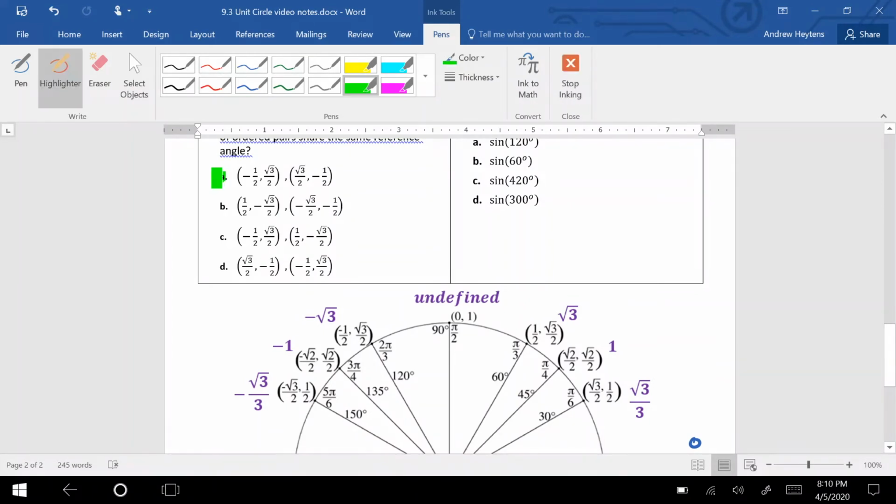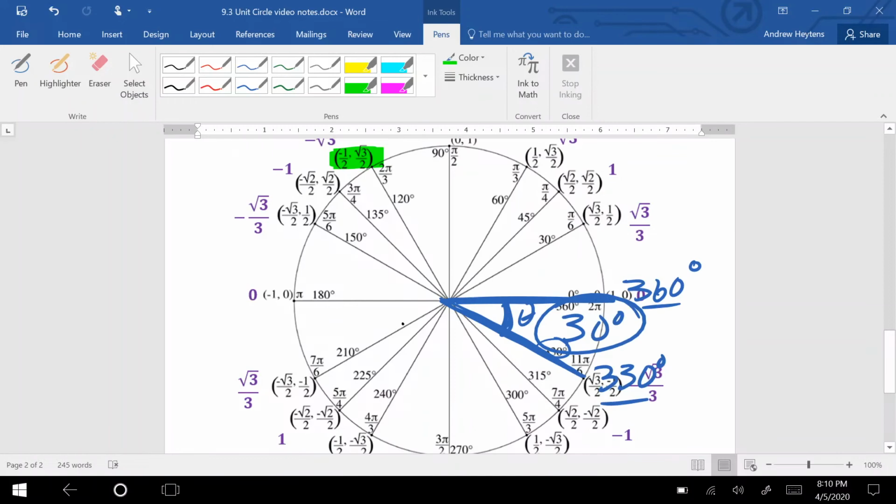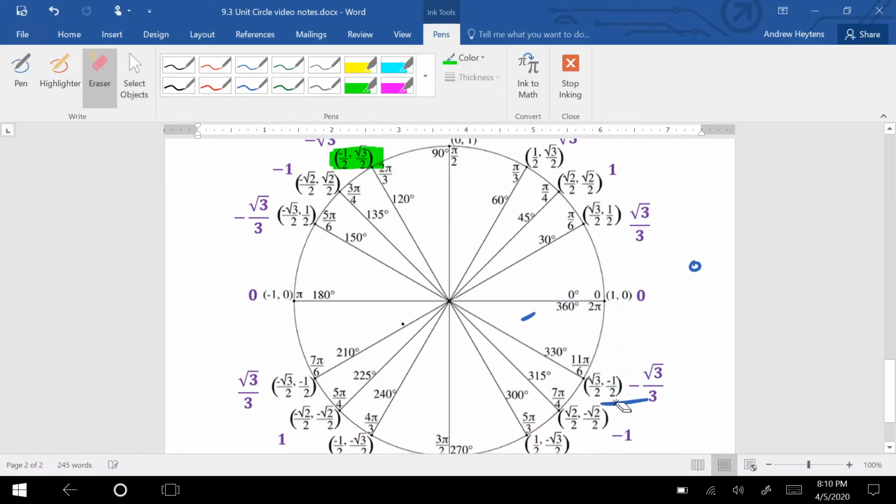So letter A, I'll do this in green. Negative 1/2, square root of 3 over 2. That's right here. And then square root of 3 over 2, negative 1/2. That is right here. And I have to see if these have the same reference angle.